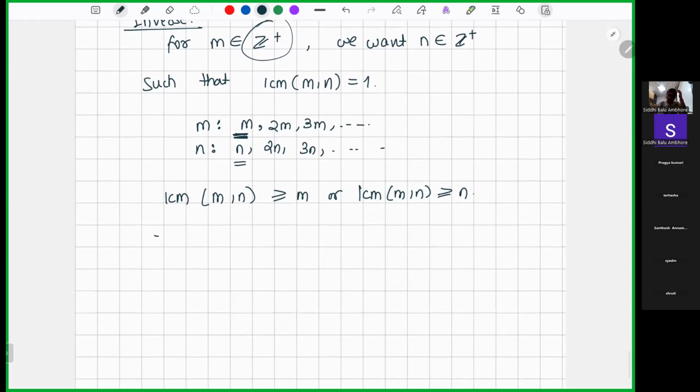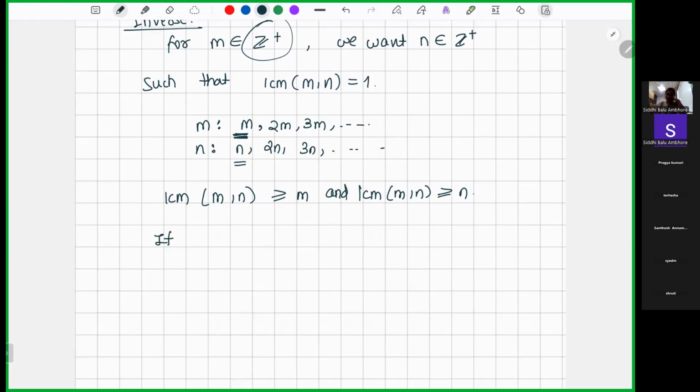It is greater than or equal to m and n, it's not or, it's and. Yes, it is and.